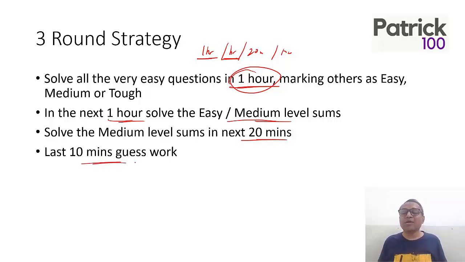It ensures that you solve all the easy ones in the first round, then go to the medium level ones, and then the tough ones. These are the most recommended strategies.